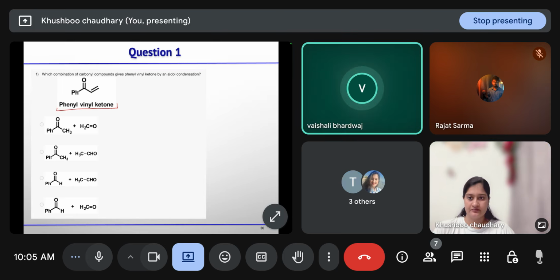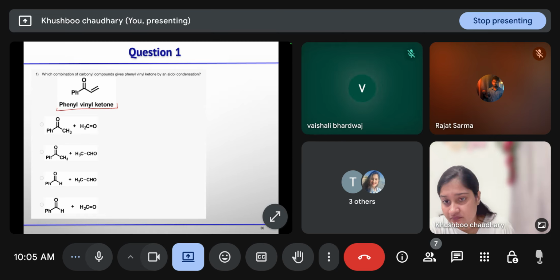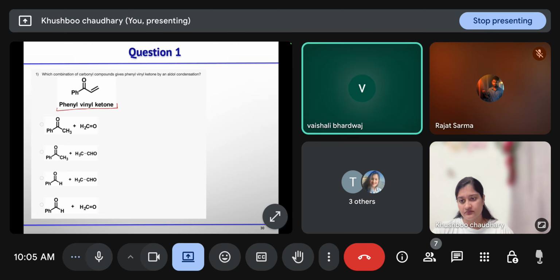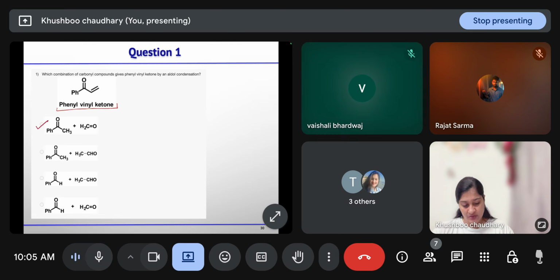Option A. Okay, correct. So let us see. We have only one enolizable carbonyl compound, this one. So base will abstract this proton and this enolate will generate first, right?